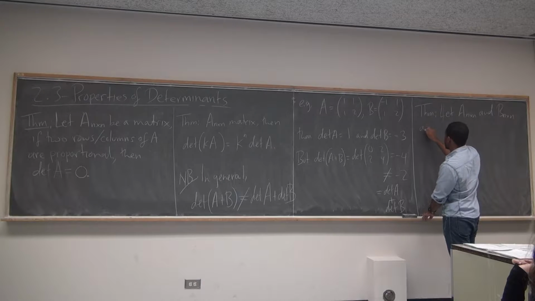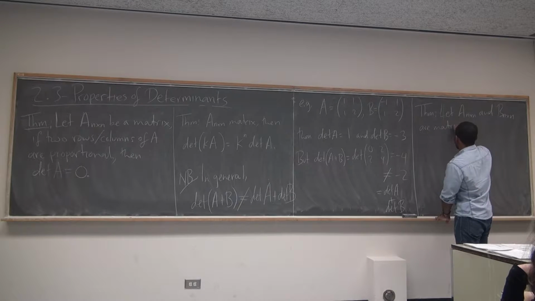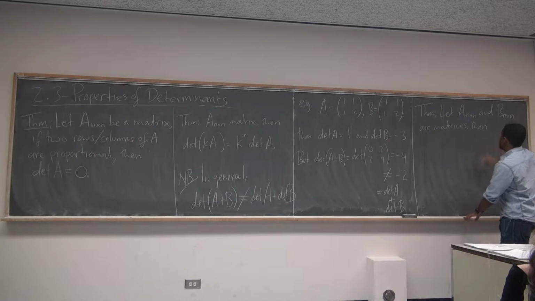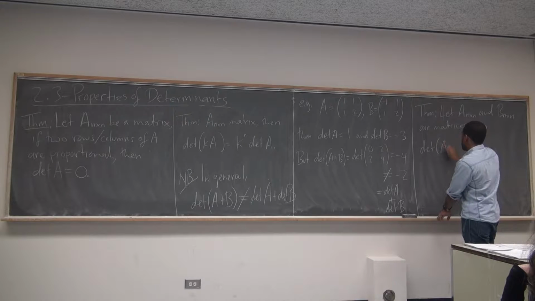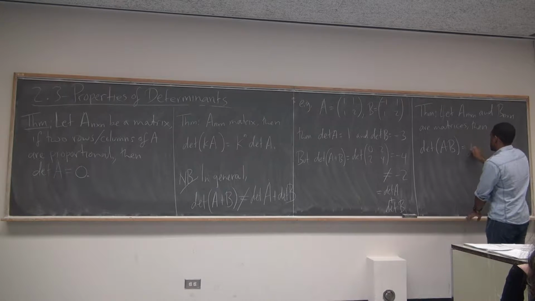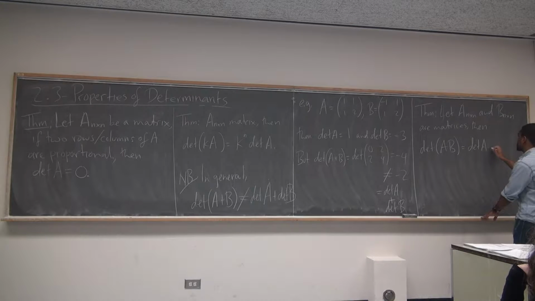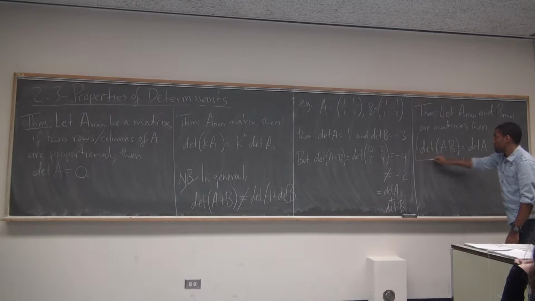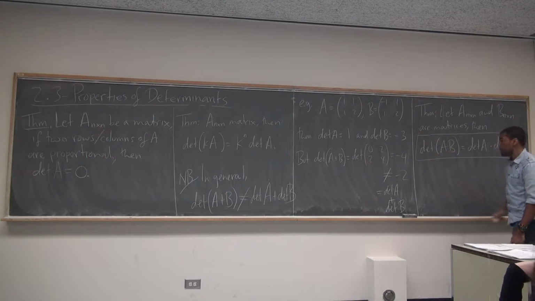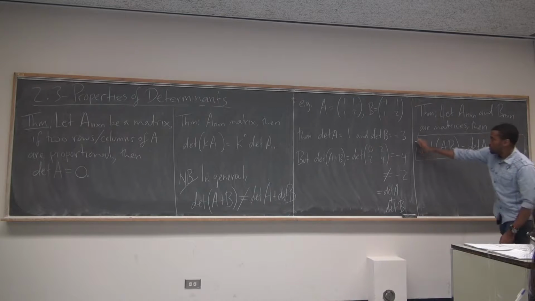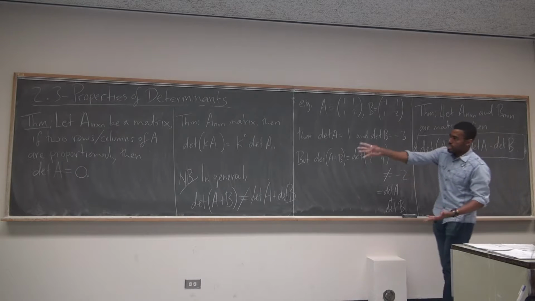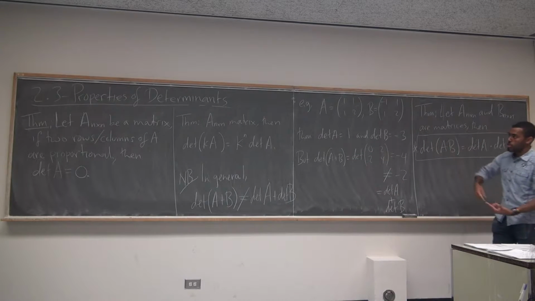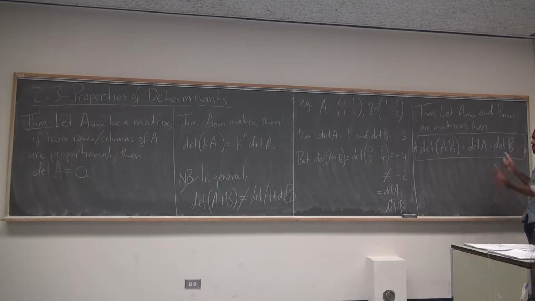If A and B are n by n matrices, then the determinant of the product AB is actually equal to the product of the determinants. That's an important fact. We're going to be using that all the time. All these are sort of important, but some of these you can derive easily by knowing a few of the other basic rules. This one is not so easily derived, but it's something that you should know.